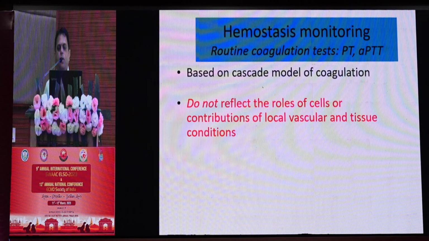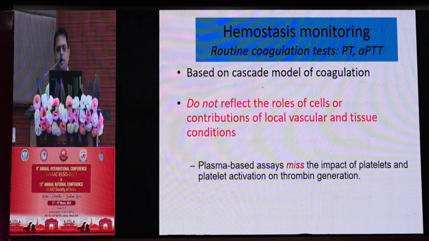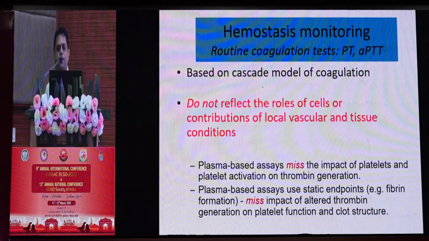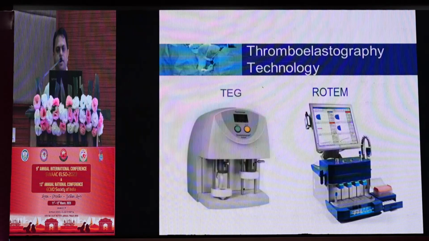All the conventional methods do not reflect the role of cells or the contributions of the local vascular tissue conditions. They miss the impact of platelets, thrombin generation, clot strength and clot structure. So this is what we have been using now, either a thromboelastogram or a ROTEM.